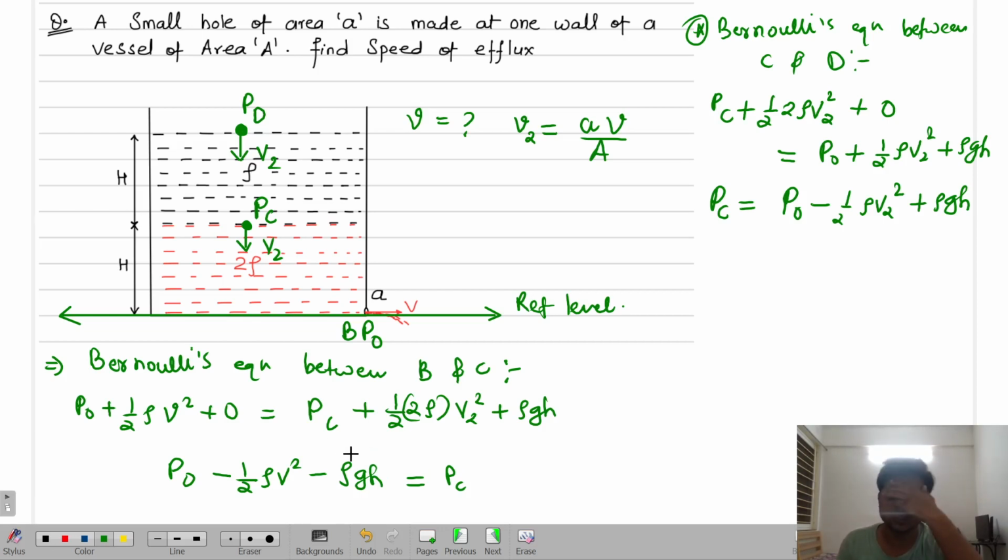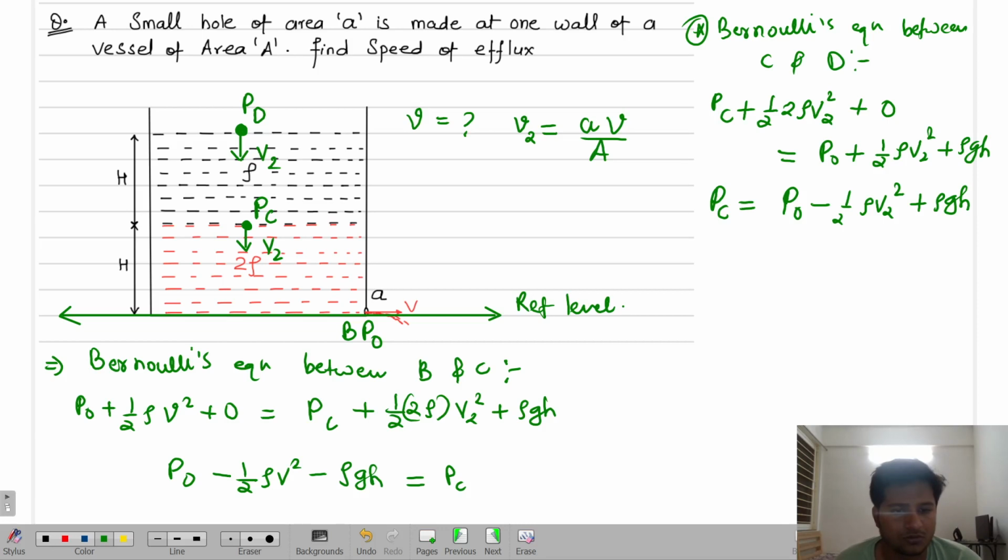One minute. Let me write this equation. PC plus half twice rho V2 square, P naught plus half rho, Bernoulli's equation.